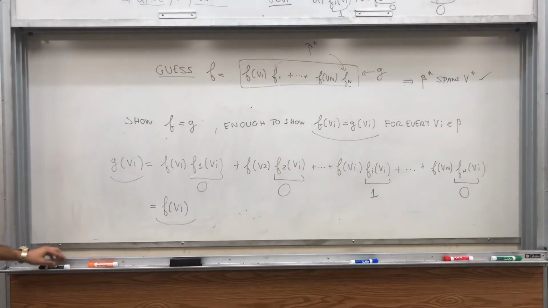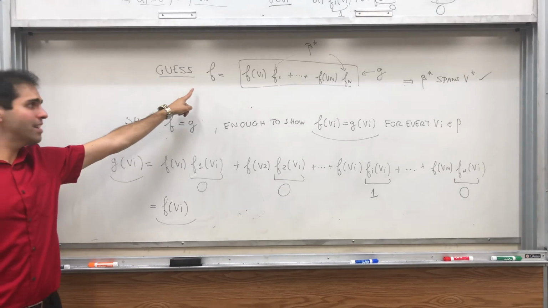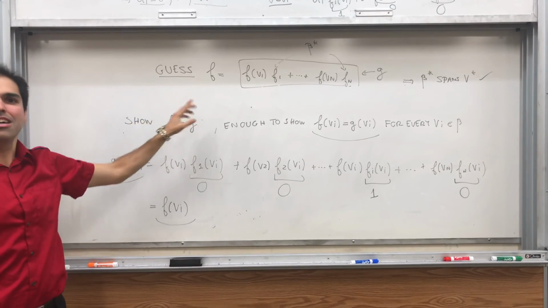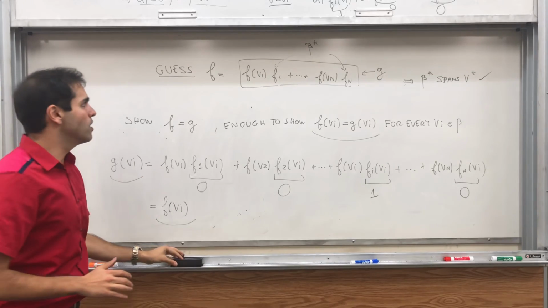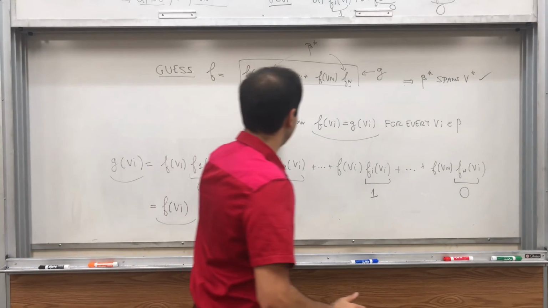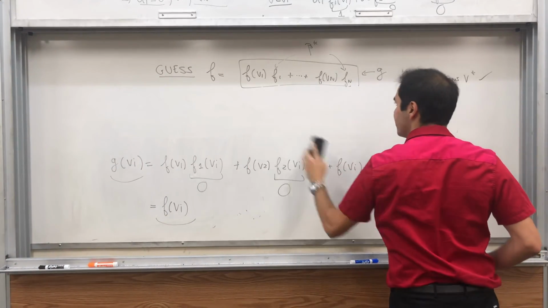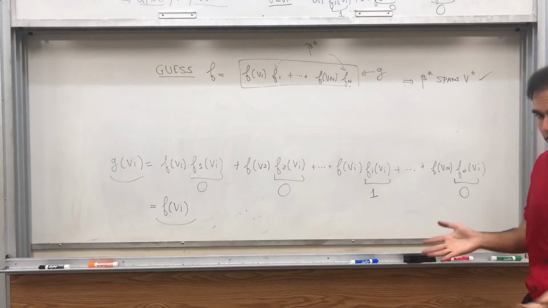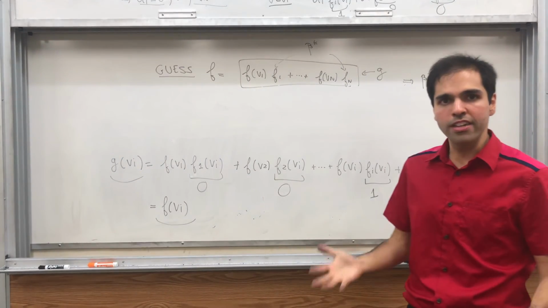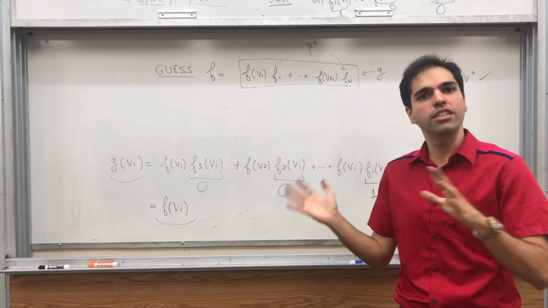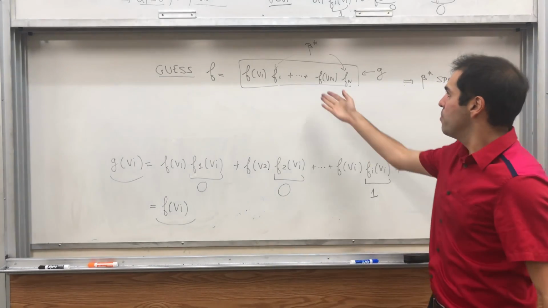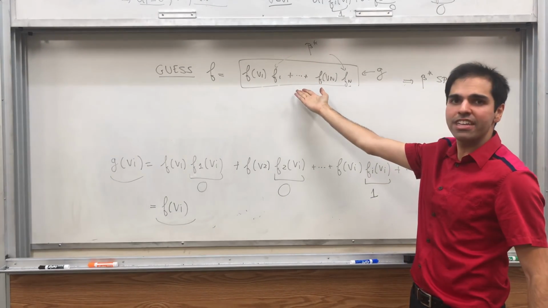And I would like to make you pay attention to this formula, because this is really what makes dual spaces, or I guess what makes dual bases, so awesome. Generally, it's hard to express a linear transformation in terms of basis vectors. But here it's saying it's actually very easy.